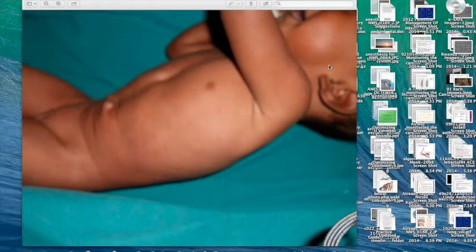Anyway, so this is the scaphoid abdomen picture that we were talking about.